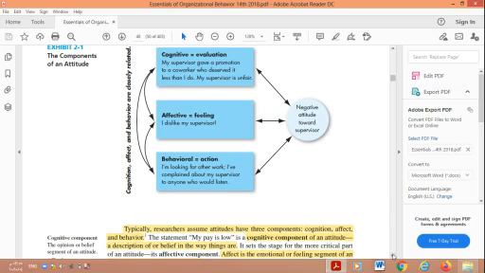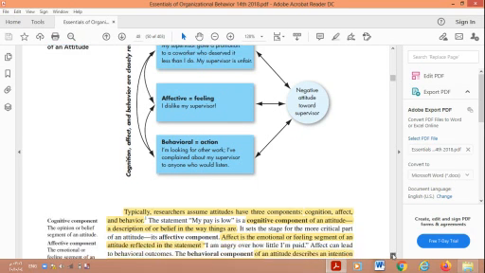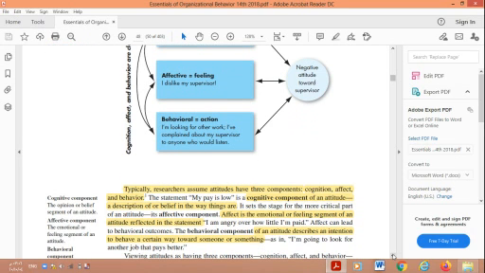It means how we perceive, or our idea, thought, or perceptions about something, about people, or about an object. So cognition forms our opinion about things or people. We can define the cognitive component as the opinion or belief segment of an attitude.